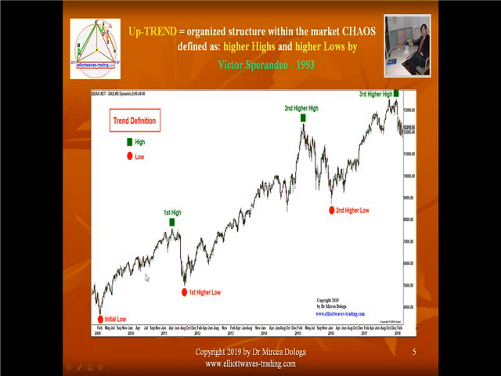Then the market goes on performing the first high, then the second higher high, and then the third higher high. We have the allocated first higher low, and also the second higher low. So like we said, this is the right definition of a trend.